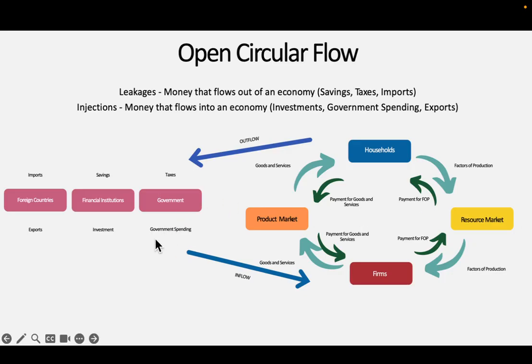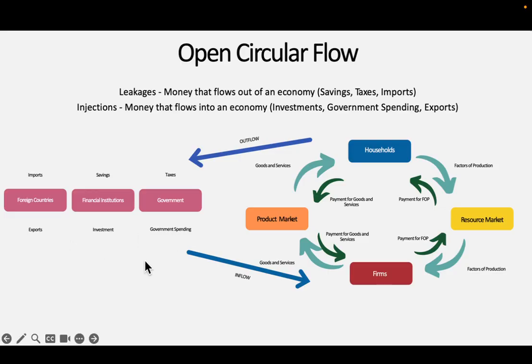The open circular flow model is pretty similar, but it also includes leakages and injections. So it includes the international market. In the closed circular flow model, it's just one economy in one country. But in open circular flow, you also have economies around the world. So you have money entering the country and money exiting the country. If the money is leaving the country, that is called a leakage or an outflow.